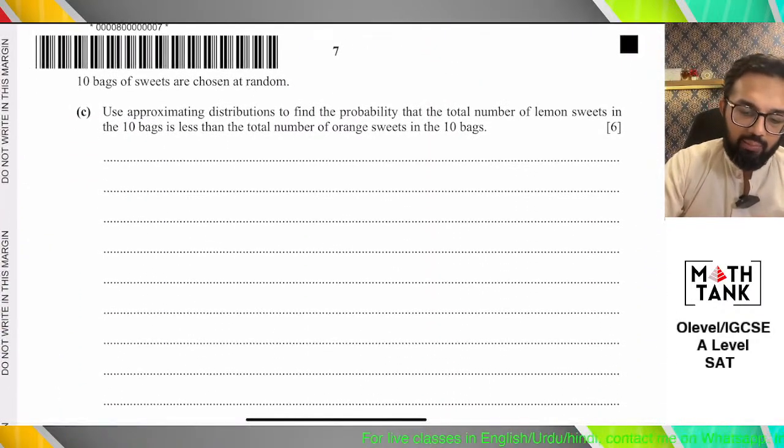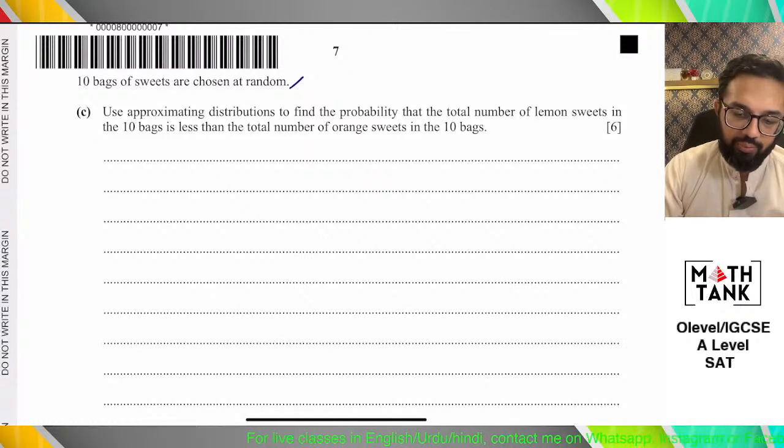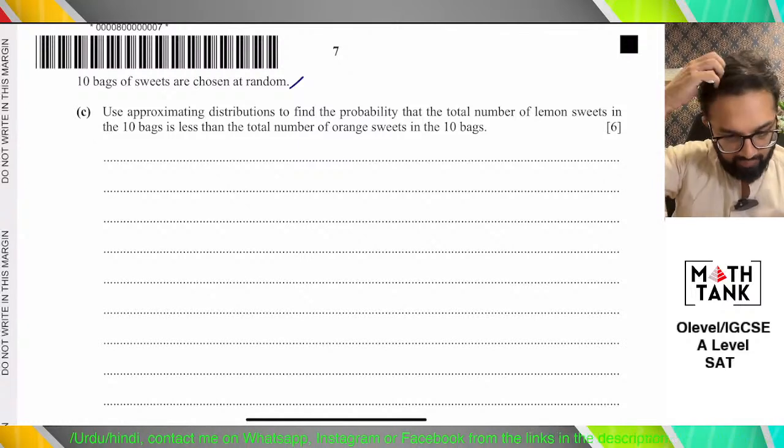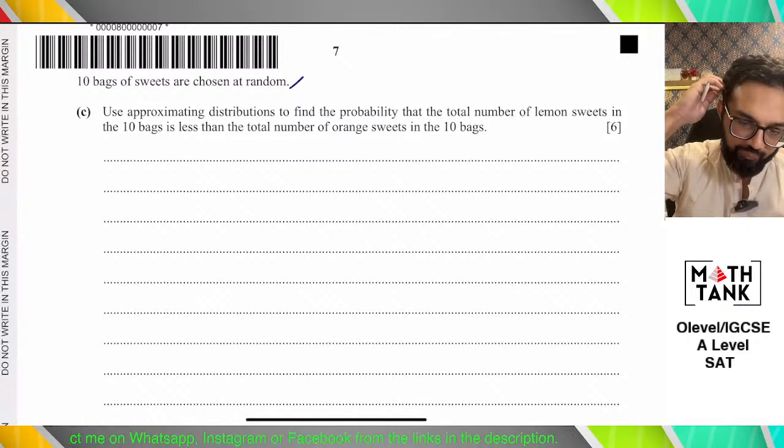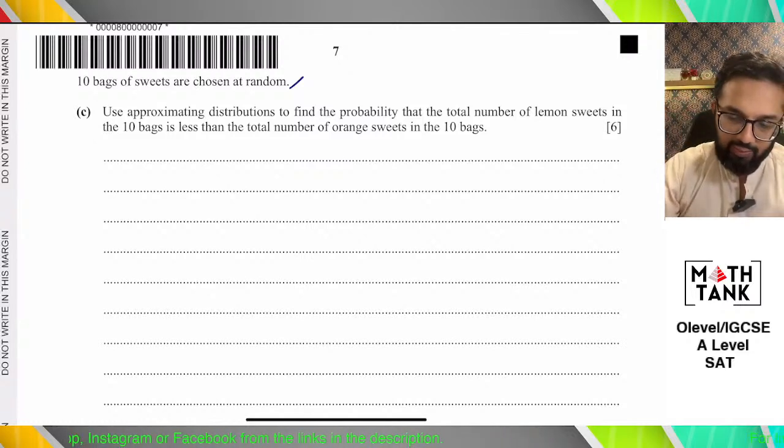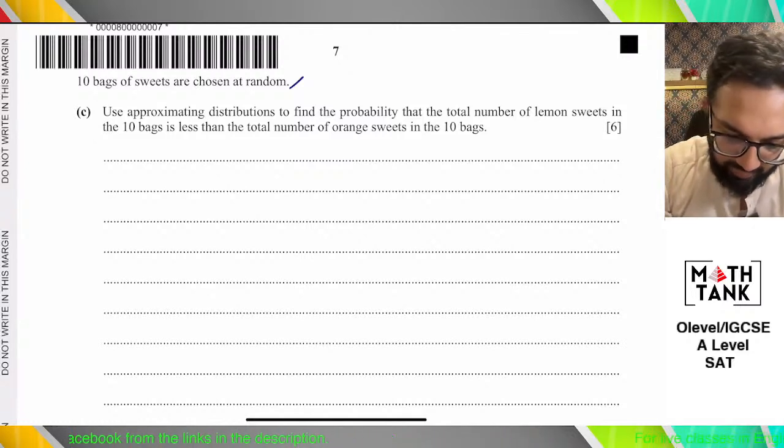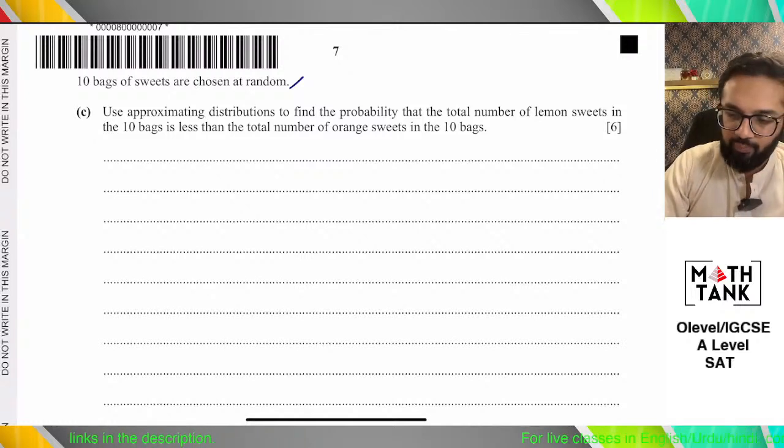Then it says 10 bags of sweets chosen at random. Use approximating distributions to find the probability that the total number of lemon sweets in the 10 bags is less than the total number of orange sweets in the 10 bags. Okay.